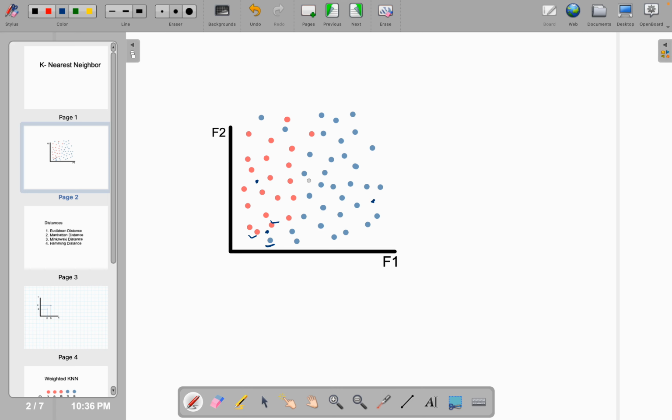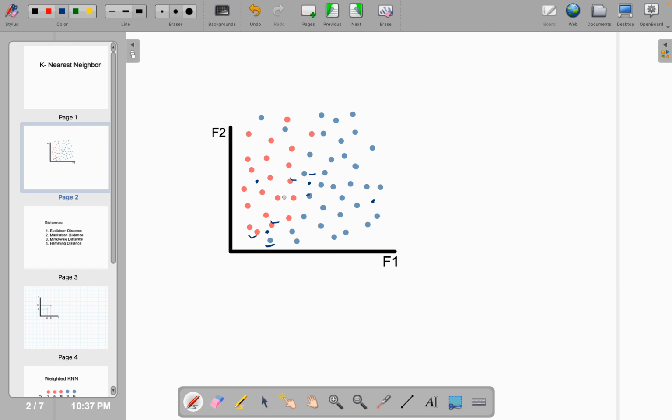Similarly, if my point is here, and let's say the three nearest neighbors are this one and this one, then in this case I will classify my point as a blue point because the majority of neighbors are blue, right? So this is the very simple fundamental of the k nearest neighbor algorithm, right?